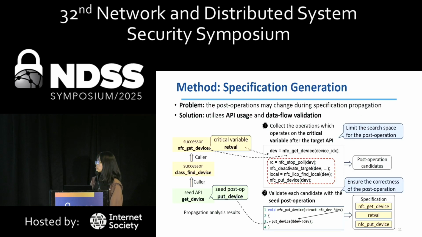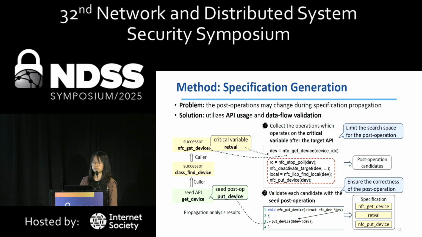Then, through the iterative propagation analysis, APISpec-Gen further identifies that NFC get device inherits its specification from the classified device. Next, APISpec-Gen generates specifications for these APIs. Because the post-operation may change during the propagation, we propose to combine API usage and data flow validation to determine the post-operation.